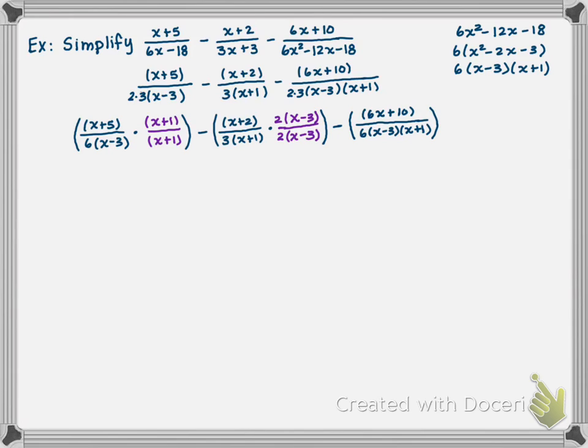Okay, time for the big guy. So my denominator is going to be 6 times x minus 3 times x plus 1. I'm going to have x plus 5 times x plus 1 minus, and I'm going to put the 2 in the front just because we're more used to seeing it that way.